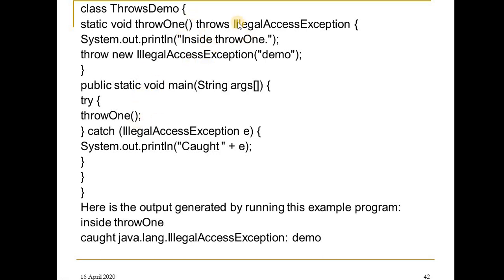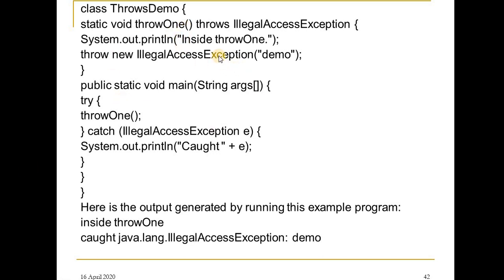This throws keyword tells the main method, which has called throw1, that throw1 will throw IllegalAccessException. You use the throws keyword whenever a method will generate and throw an exception, but will not handle it.